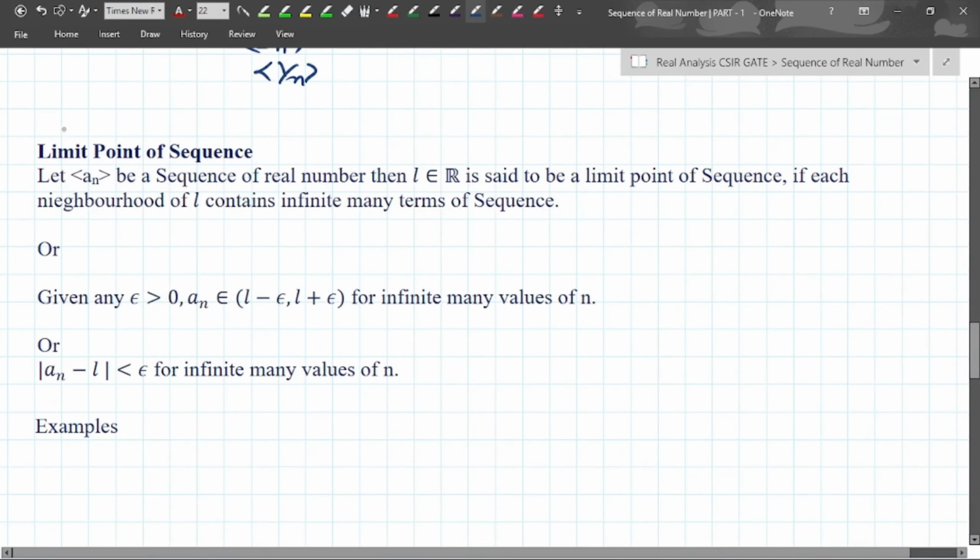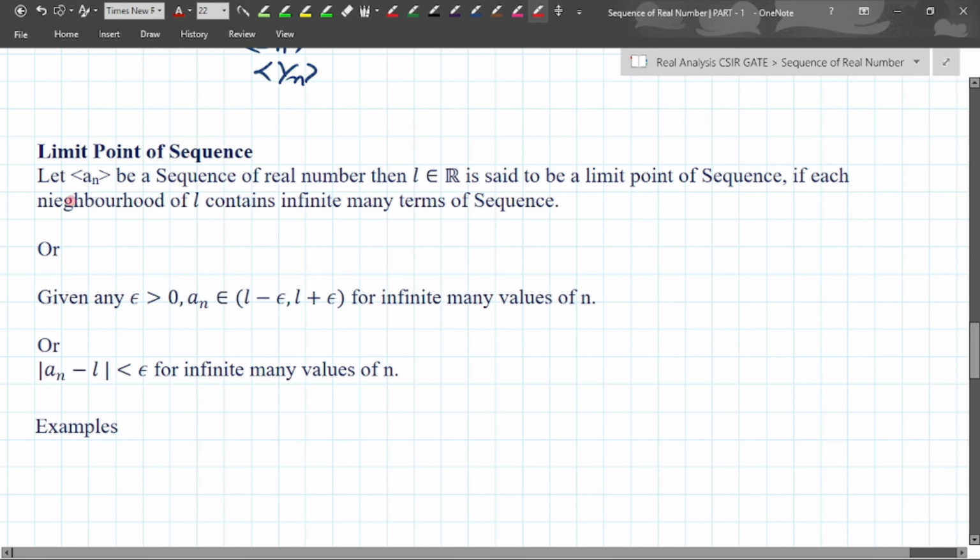Now we'll discuss the limit point of a sequence. What is the limit point of a sequence? We have already discussed that. A limit point of a set means there is a cluster, an infinite collection of points.